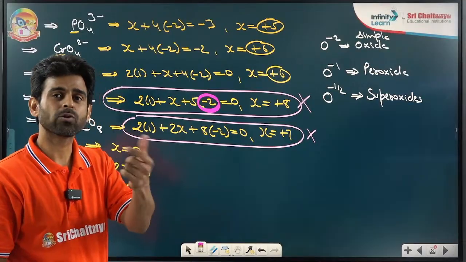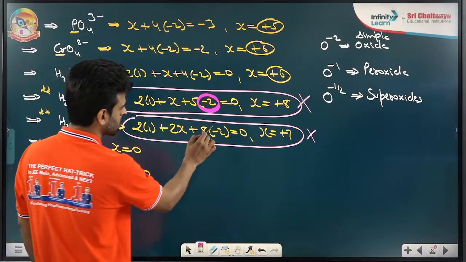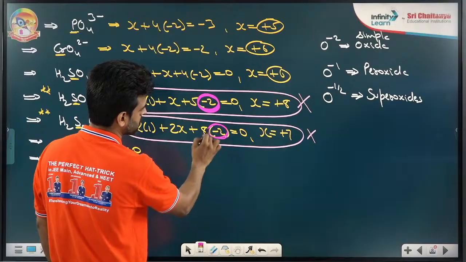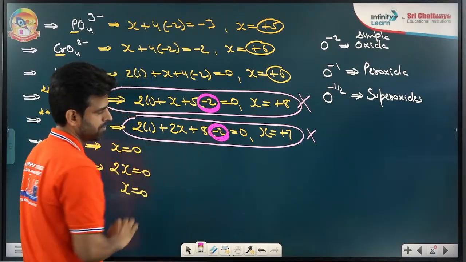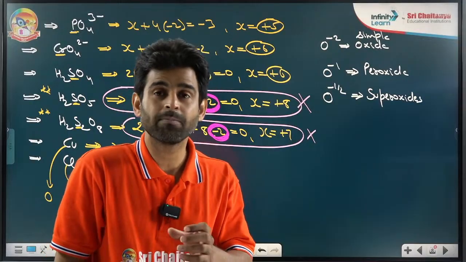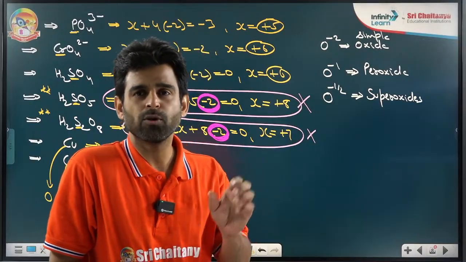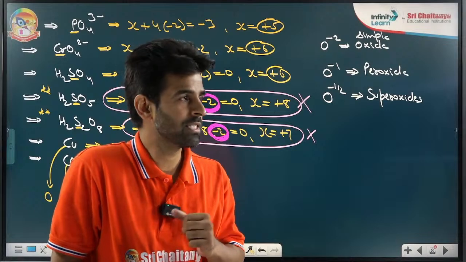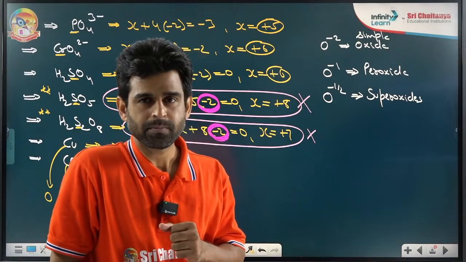Like a peroxide is there, right? Here also we took -2. But some oxygens have an oxygen-oxygen bond and they are peroxides. That's why the formula is giving us the wrong answer. Okay?